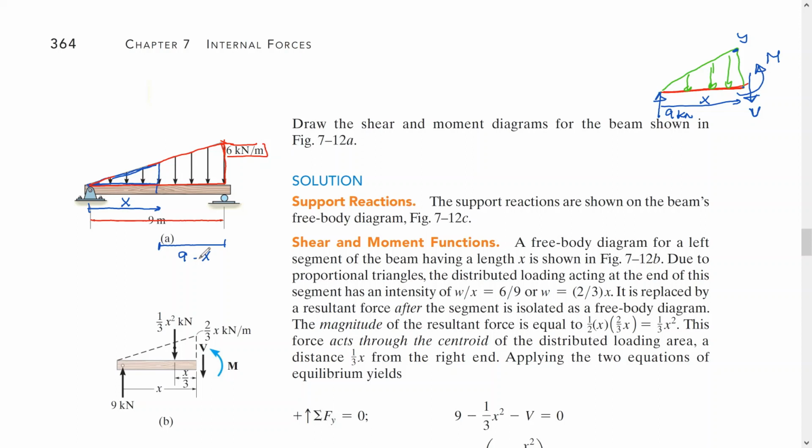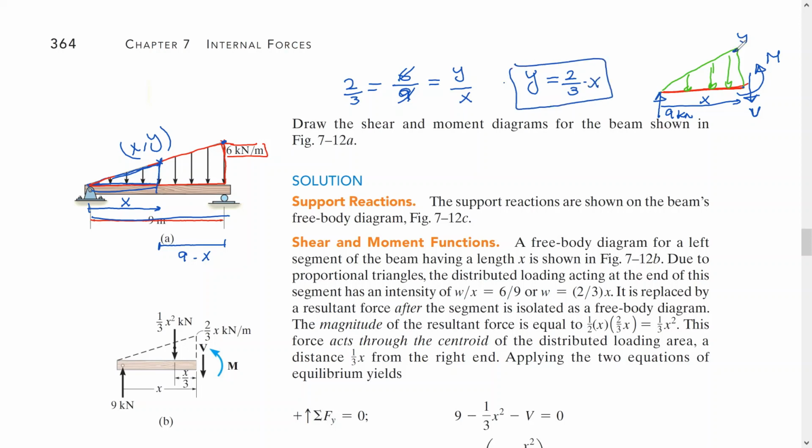Using similar triangles, we do have 6 over 9, which is this point over this whole distance, equal this value, which we're going to call Y, because this point is XY. So this one is Y over X, and this one is going to be 2/3. So Y is equal 2/3 X.